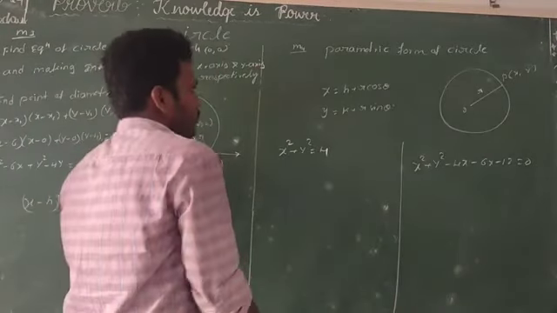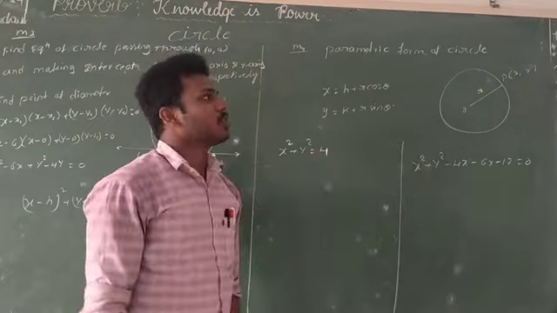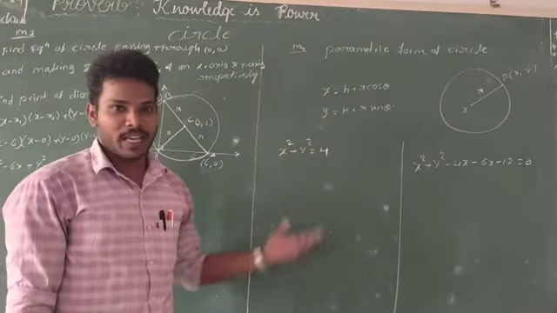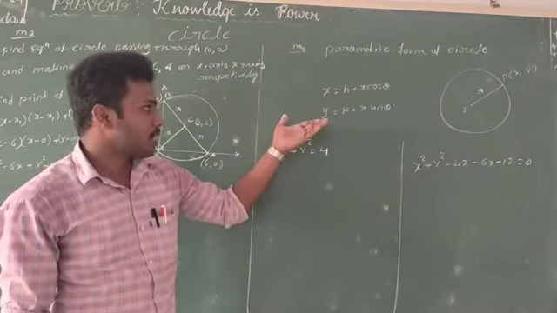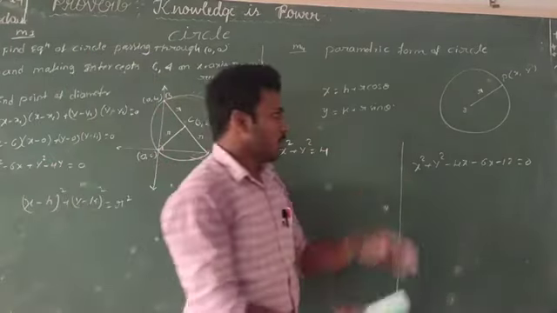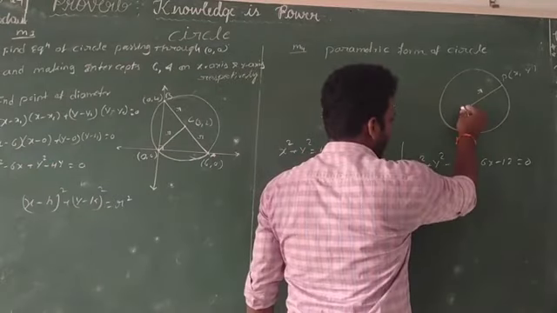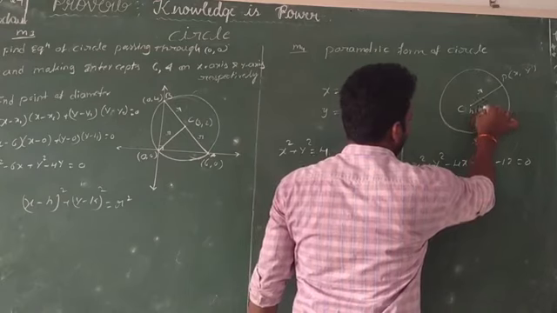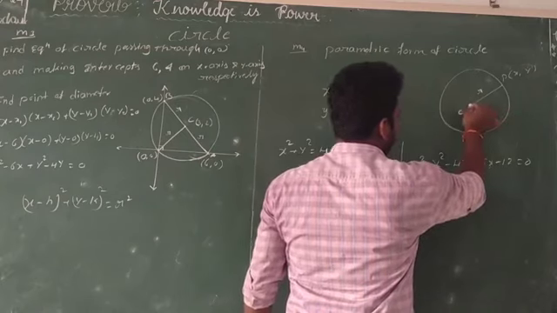Okay, next model, parametric forms of a circle. We have already discussed the synopsis points. Generally, C is the center of the circle, that is the point (h, k).